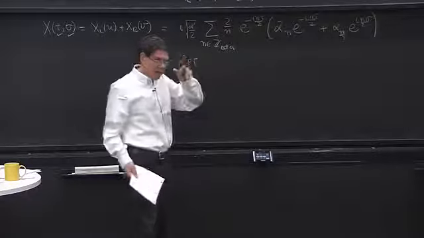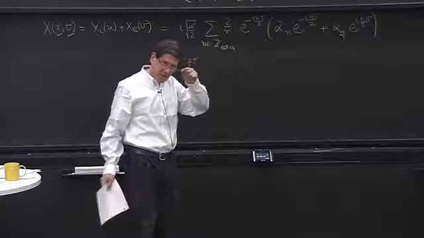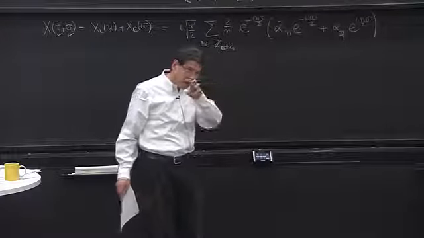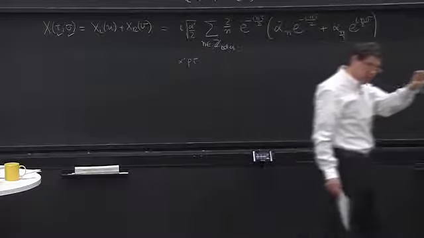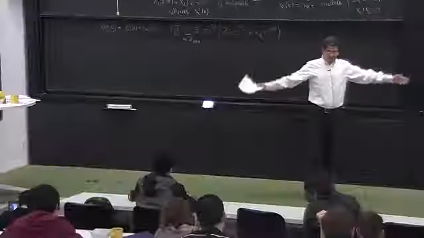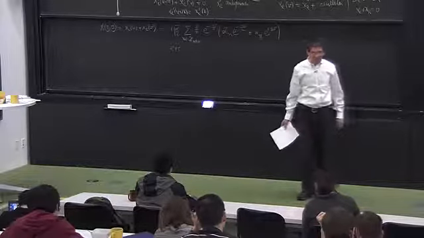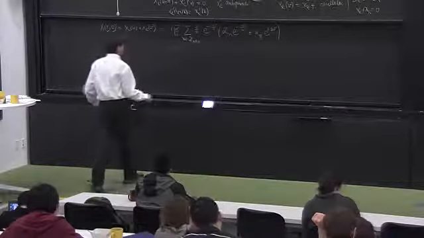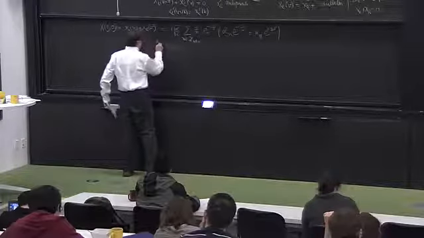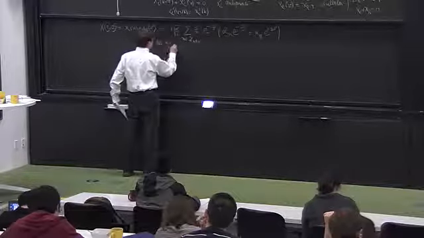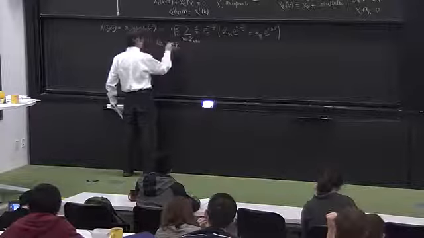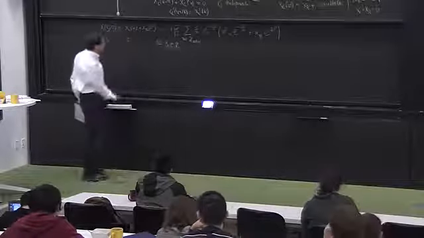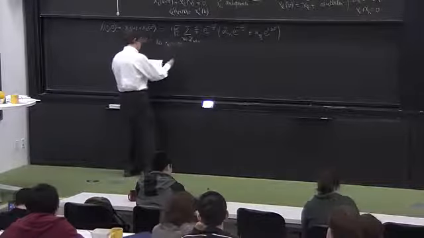A free string in a twisted state of the orbifold cannot have momentum in the orbifold direction because it would just start moving in that direction forever, and that is impossible. So no x nor p. No x0 or p or little p. That's very nice.